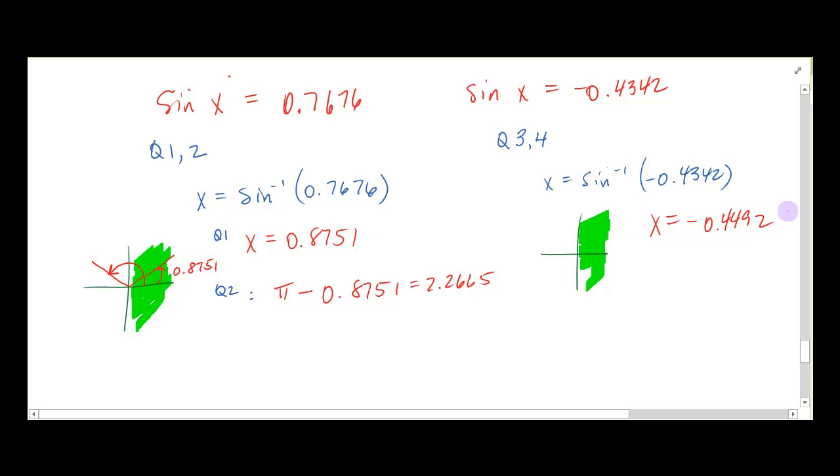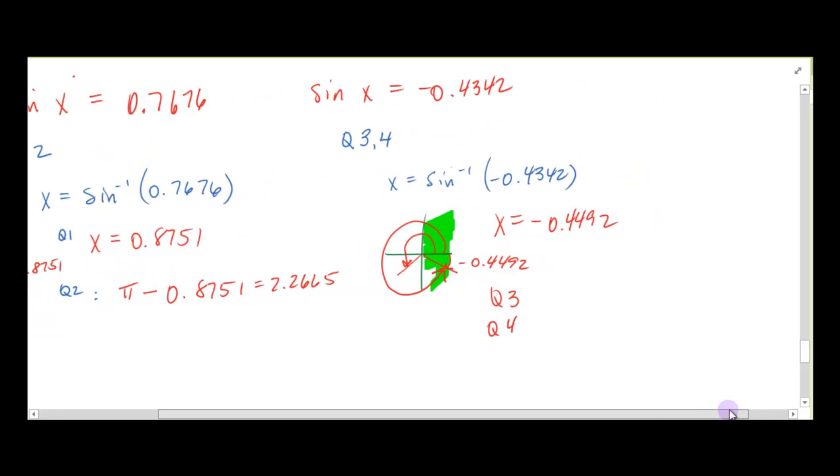Now where is that? -0.4492 is this negative angle. But I need angles in quadrant 3, which would be over here, so I need this angle, and I need the angle in quadrant 4, which is coterminal, right?